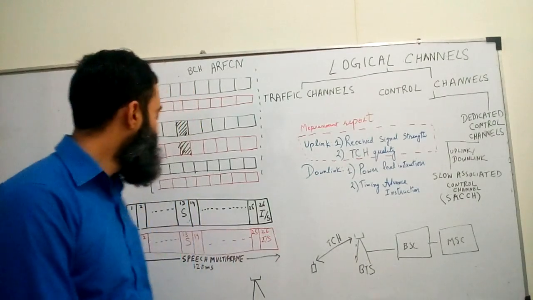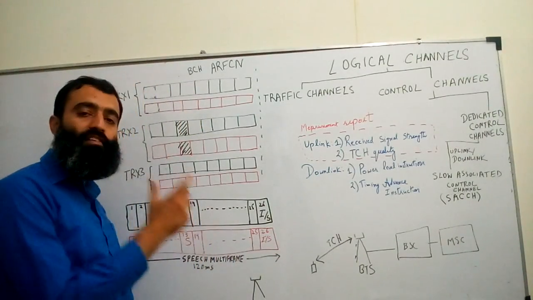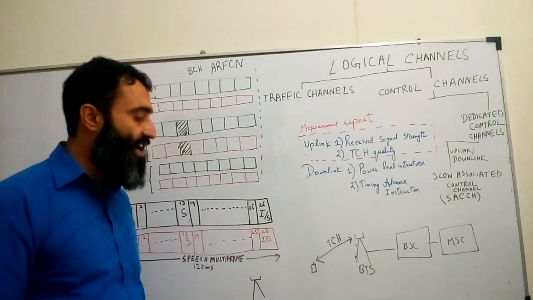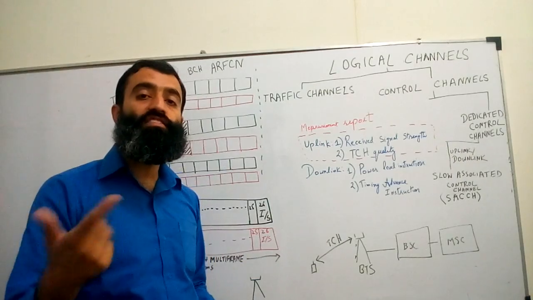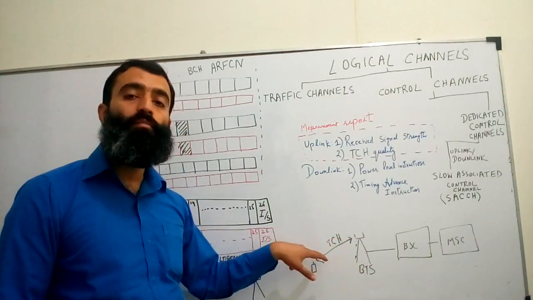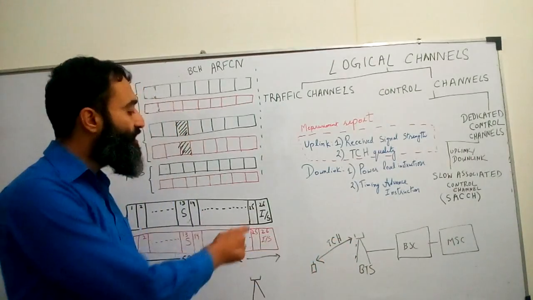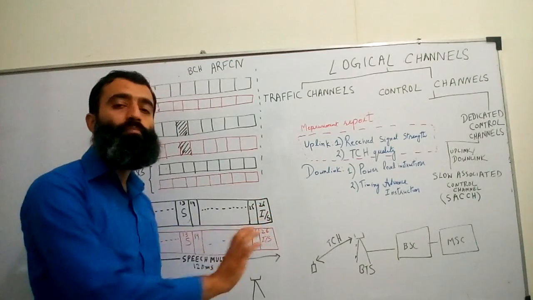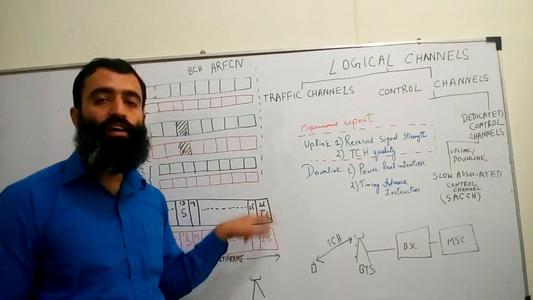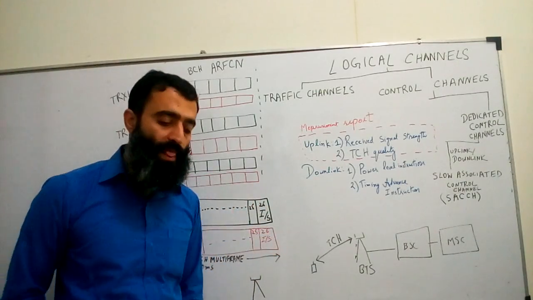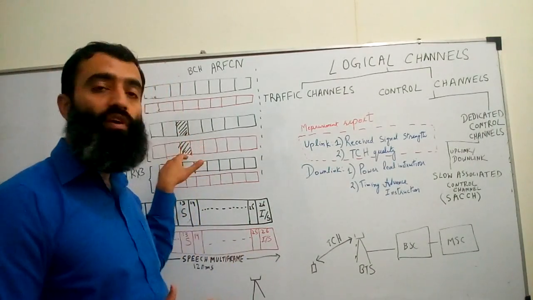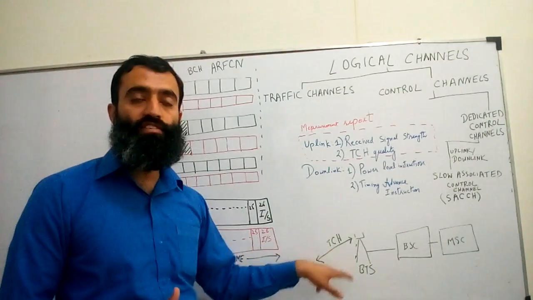Similarly, in the downlink, in the 13th frame of TRX number 2 and its third time slot, the downlink SACCH information will be transmitted from the base station to the mobile station, while the 26th frame will be the idle frame, meaning nothing will be transmitted in the uplink or the downlink in the 26th frame. This is for the case when we have a full rate channel assigned to this mobile station.